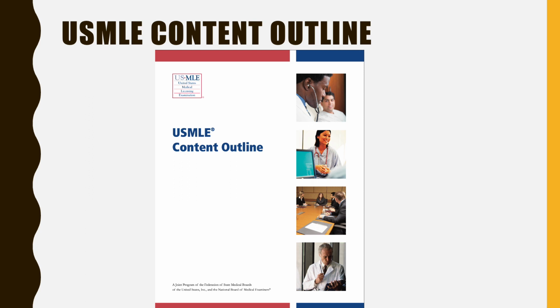So examiners actually use this document in order to make the test, in order to know the scope of topics that they are going to base the test upon, so that the USMLE can make sure that all tests are fair. They try as much as they can to make a fair distribution of topics, and they actually stick to this document with the topics in there.